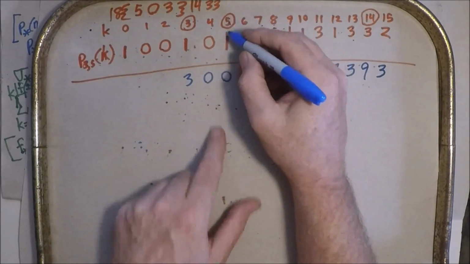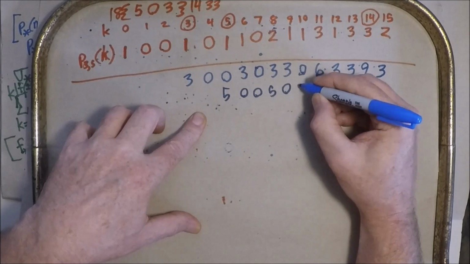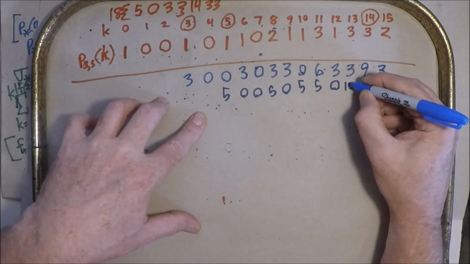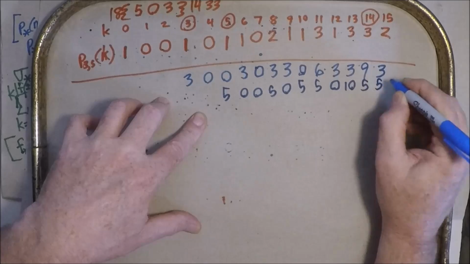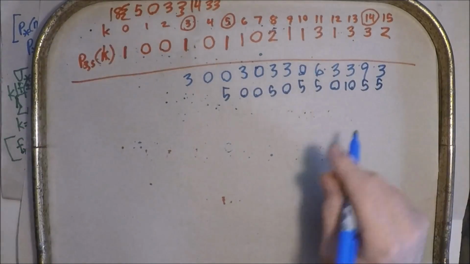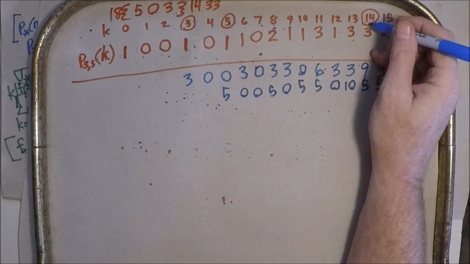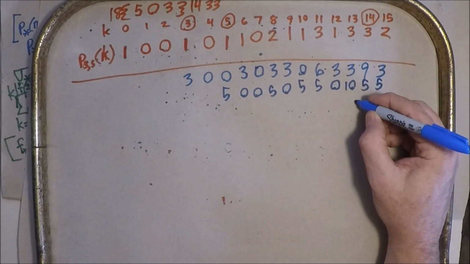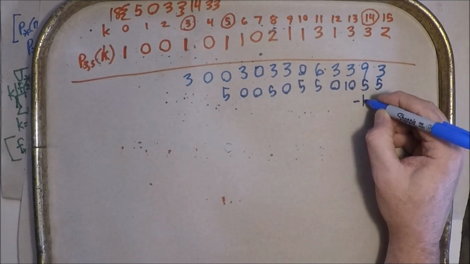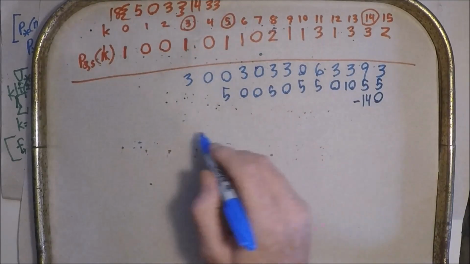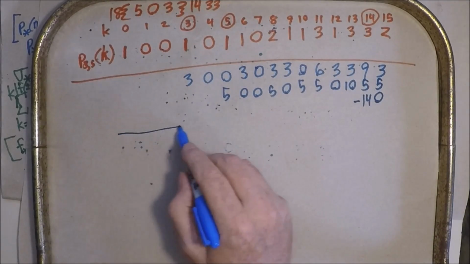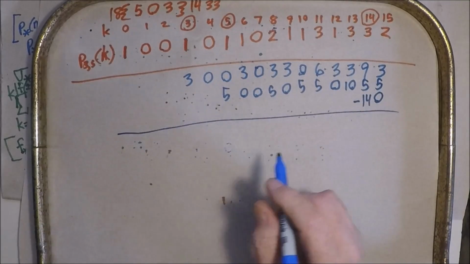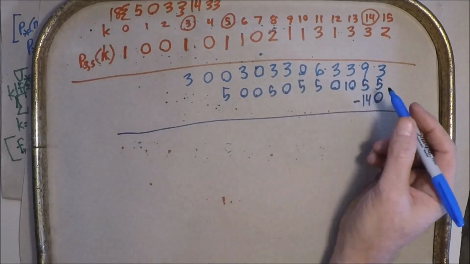Do the same thing again for 5. 5, 0, 0, 5, 0, 5, 5, 0, 10, 5, 5. That's it. And then for 14, we're going to end up with -14, 0. And those are our sigma values.